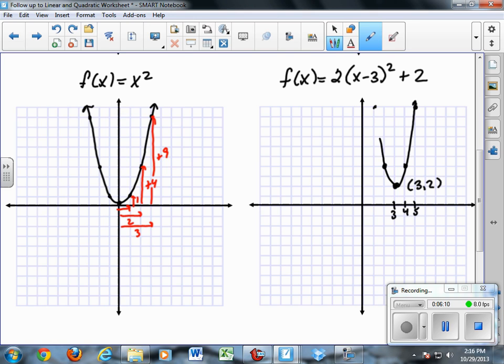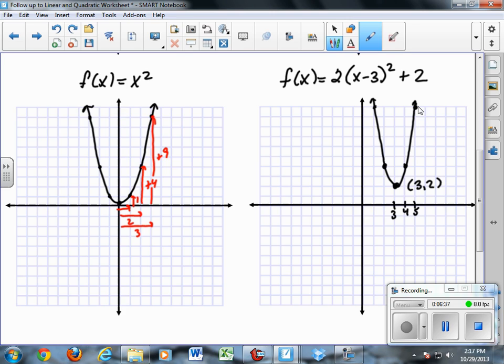Now another thing I could do, rather than plotting points and plugging values in for x and finding y, is I could look at the slope. Here the slope was 1. I went over 1, up 1, over 2, up 4, over 3, up 9, using that squared pattern. Now this is doubling the y value, so I'm going to go over 1, up 2 instead of 1, over 2, up 8 instead of 4.